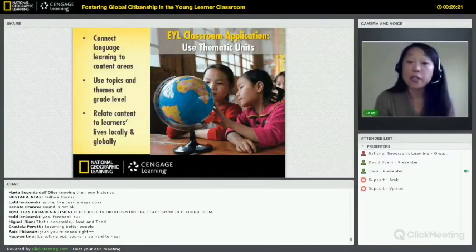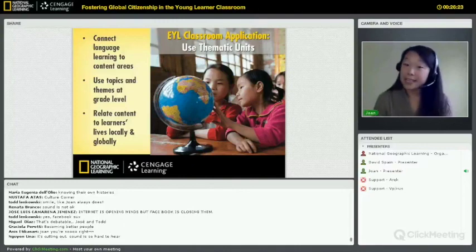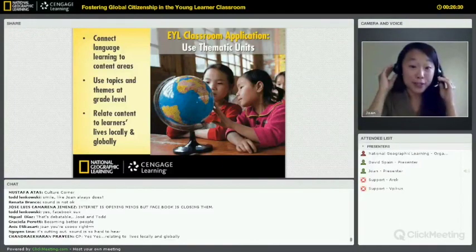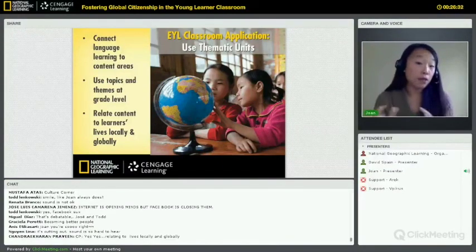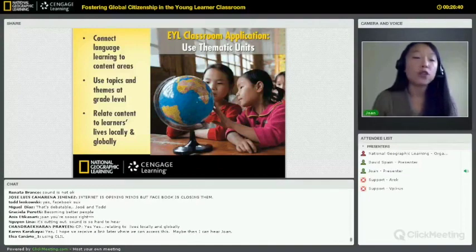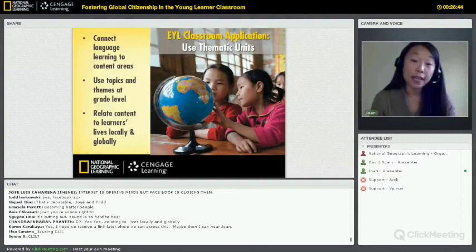All the topics fall under science, social studies, and maybe many of you are already doing so. If you can pick the right topics and themes from areas of science and social studies, civics, it's going to be useful. And of course, always relating the content to learners' lives locally and globally.